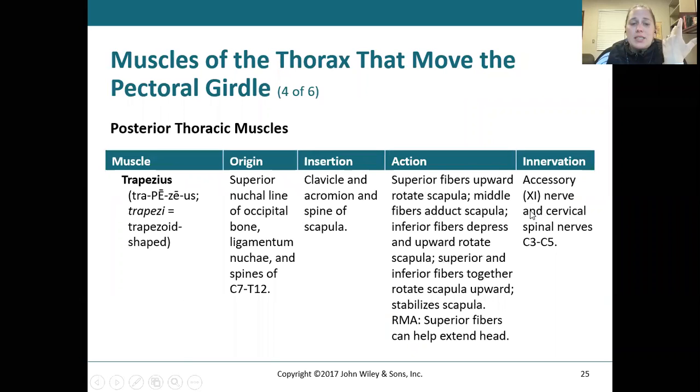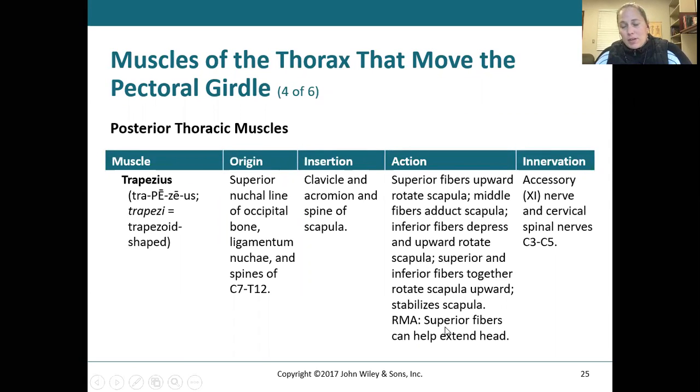Okay, trapezius. I'm sure you've heard that person has big traps. The origin is the superior nuchal line of the occipital bone back here, and then your clavicle and the acromion and spine of the scapula. The action: superior fibers upward rotate the scapula, midline fibers adduct the scapula, inferior fibers depress it, and superior and inferior fibers together rotate the scapula upward and stabilize it.